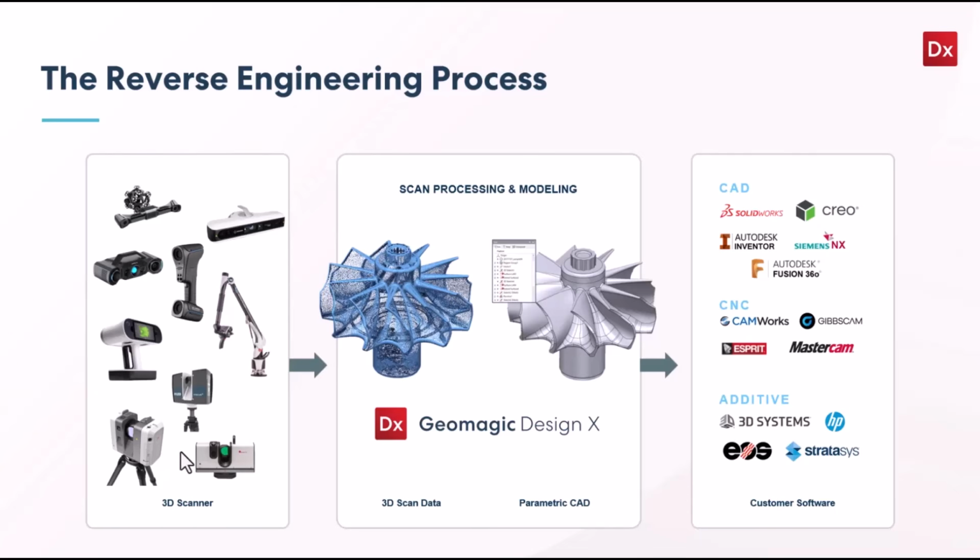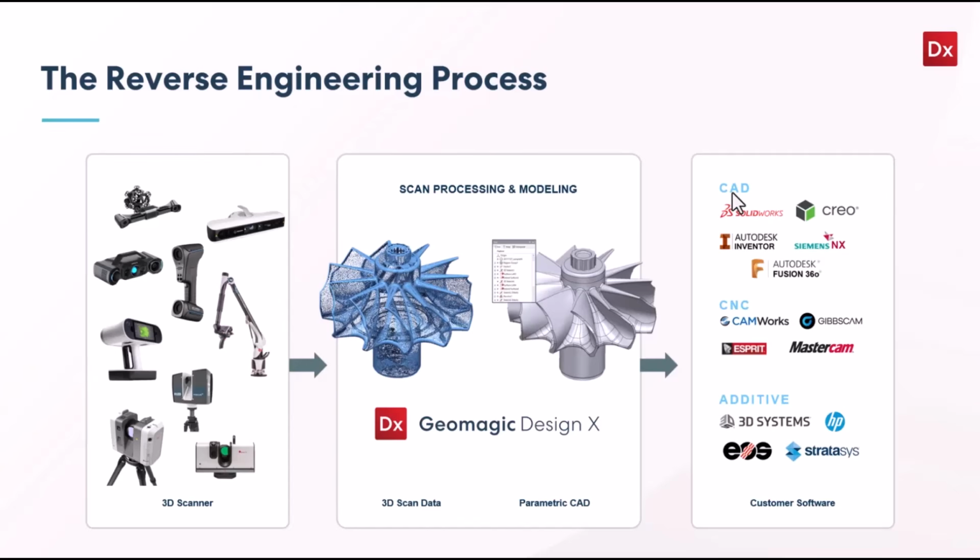Enter DesignX. We created software that is a parametric CAD modeling kernel with a 3D scan kernel all in one space. We take this data, do the heavy lifting, extract model information, and output it in different forms, as you see on the right-hand side.